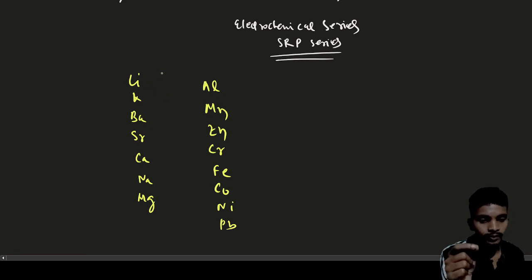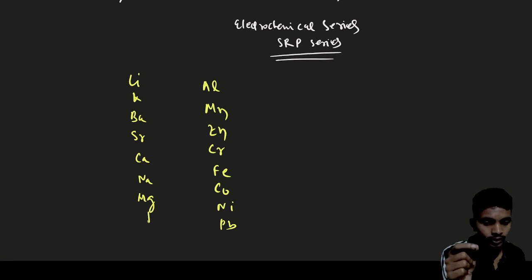So this series you have to remember. Likhoba means Li, K, Ba, and after that this came. Okay, so you have to remember this mnemonic.